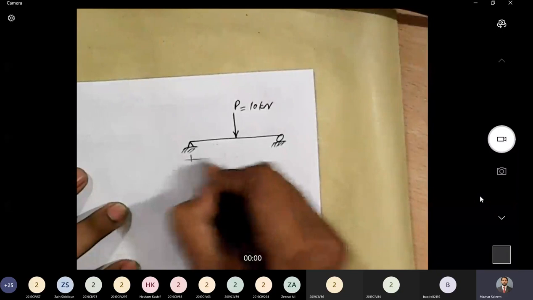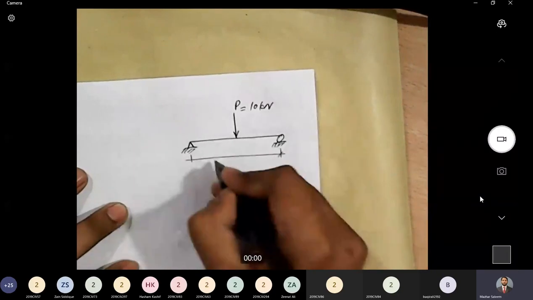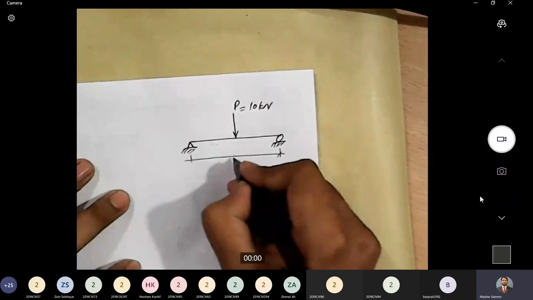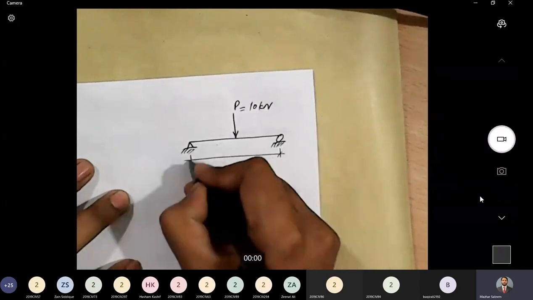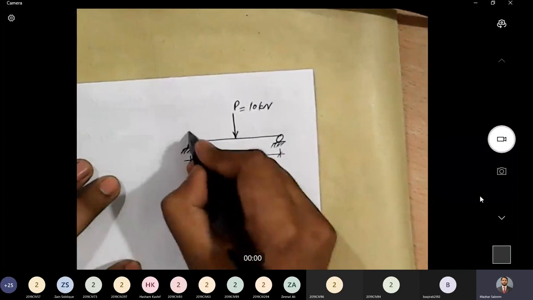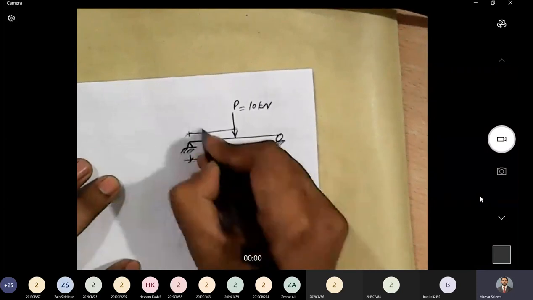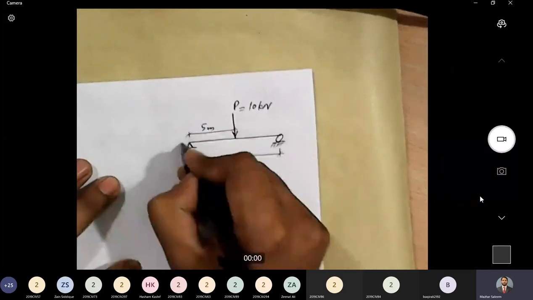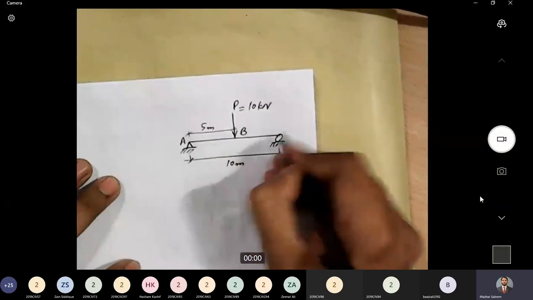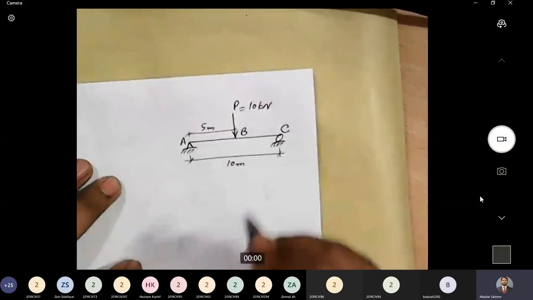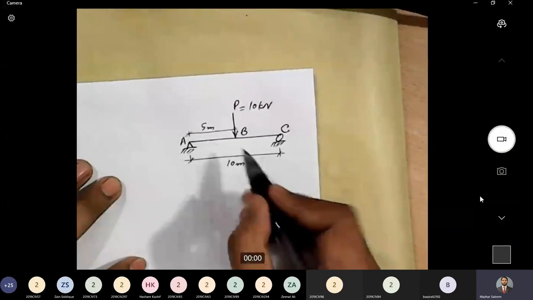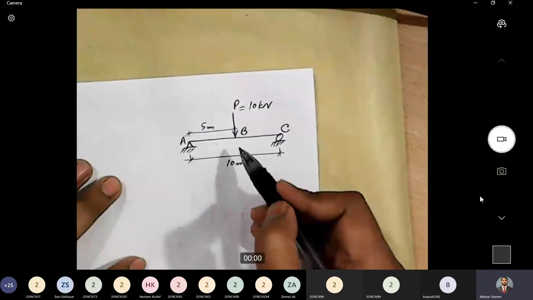The total span of the beam is 10 meters and this force is acting at 5 meters from support A. This is support A, point of application of load is B and C. So it means that the load is acting at mid span.